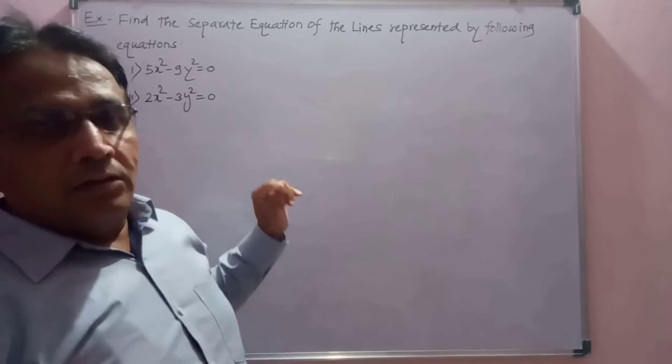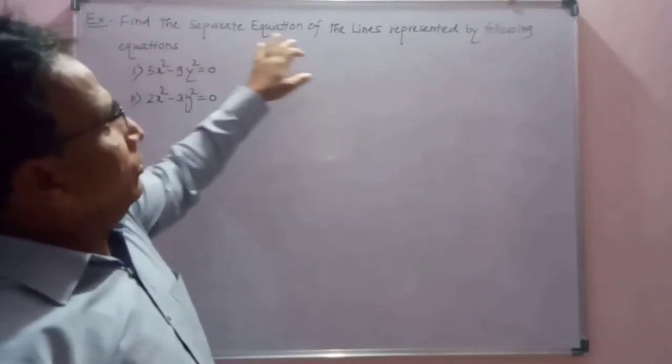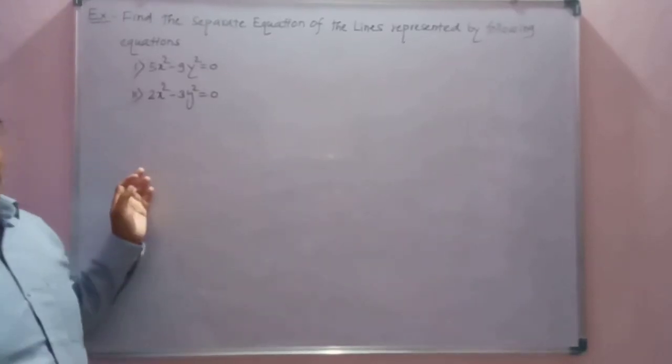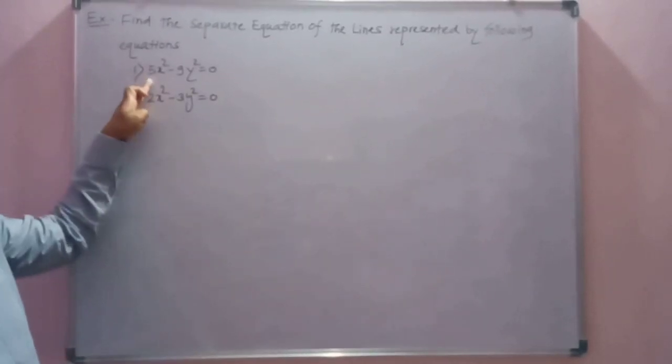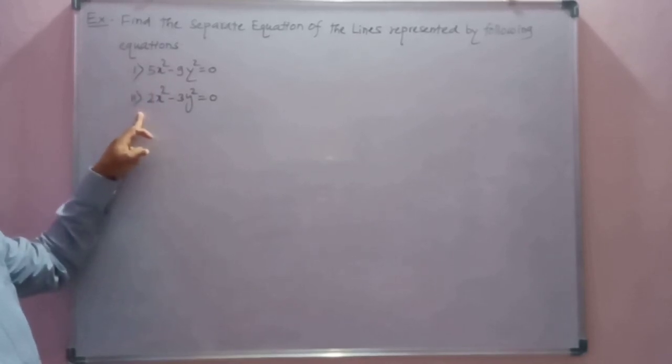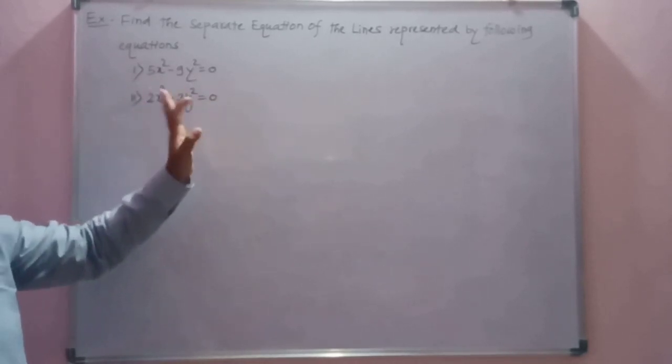Separate equations. Find the separate equations of the lines represented by the following equations. The first equation is 5x square minus 9y square equal to 0, and the second is 2x square minus 3y square equal to 0.